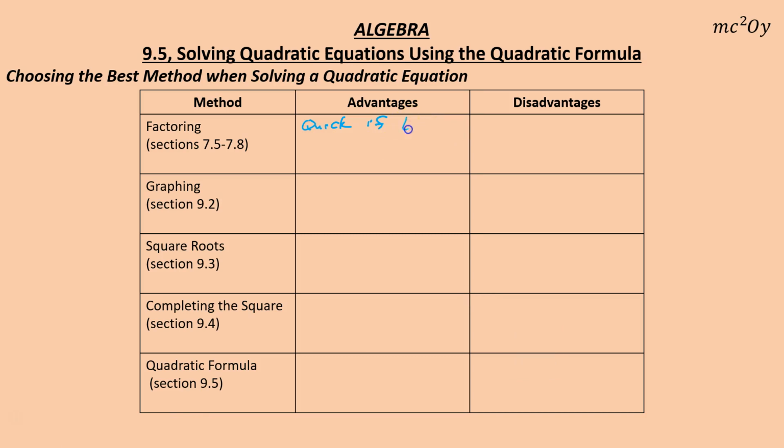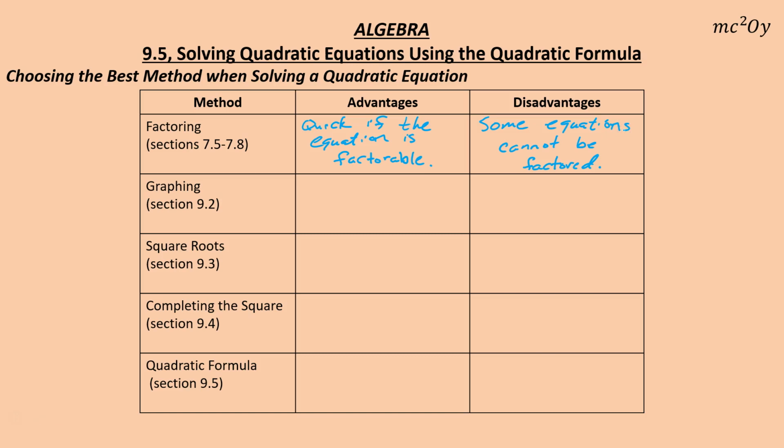So maybe it's quick if the equation is factorable, if it's able to be factored. Disadvantage? Well, kind of on that same line, some equations cannot be factored. So it doesn't work for everyone.